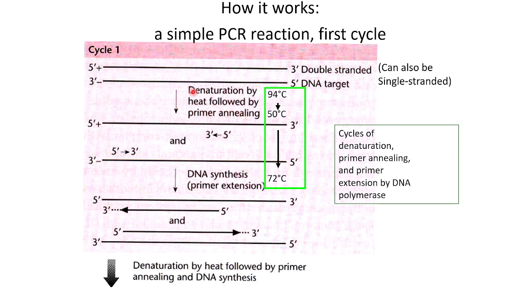So you denature this particular double stranded DNA, or if it is single stranded, then you don't need to denature it, followed by the primer annealing at a specific temperature. If a primer has a melting temperature of say X, then the annealing occurs at a temperature X minus 5 degrees. So this is what we need to keep in mind.